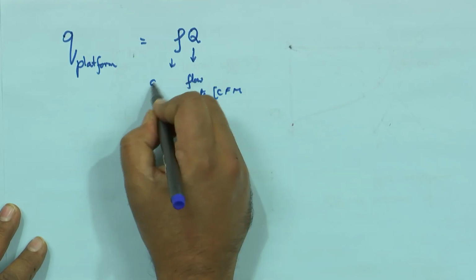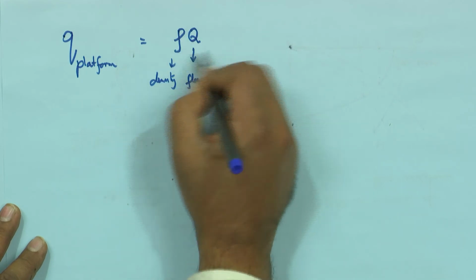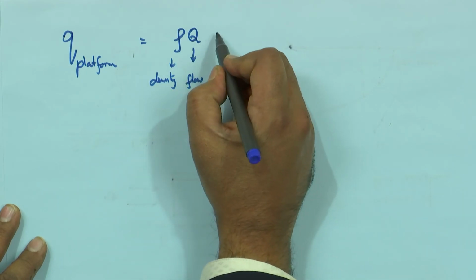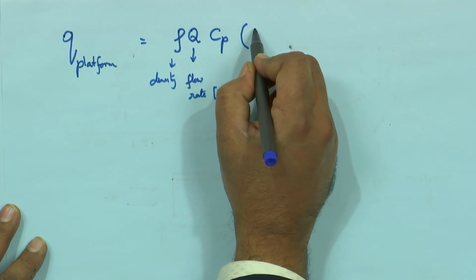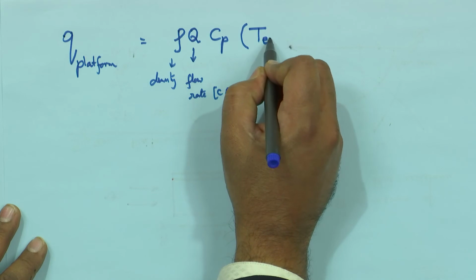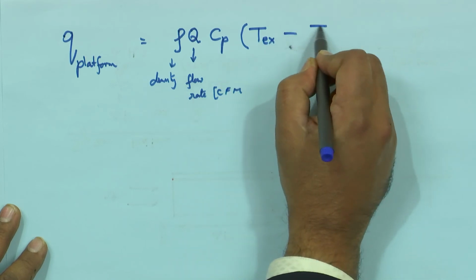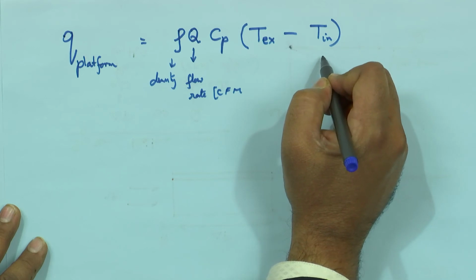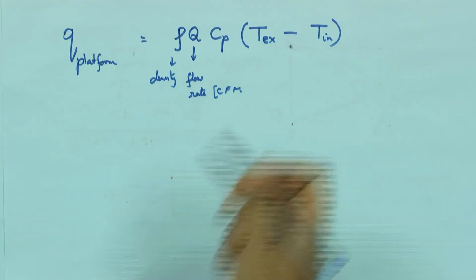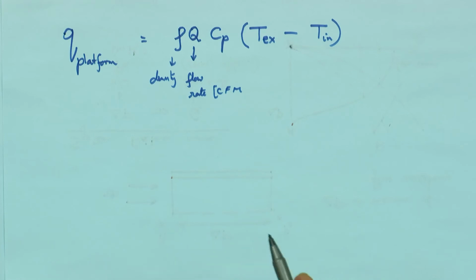Rho is density. So basically this is mass flow rate, Cp, which is the specific heat, times T exhaust minus T inlet, which is typically the ambient. This is again from heat balance, first law.